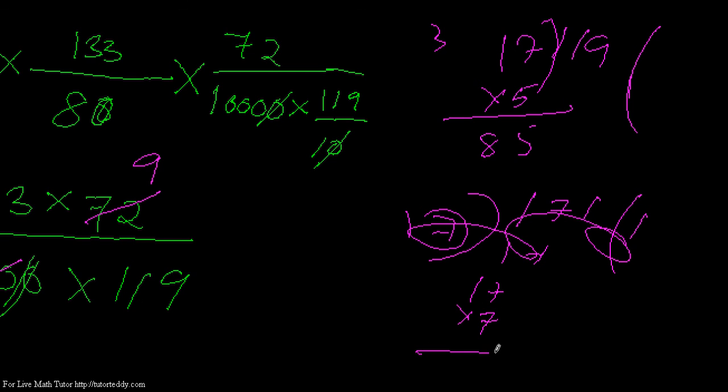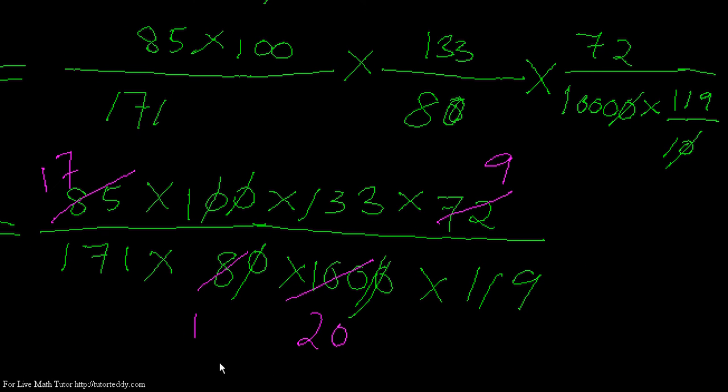I have 4 to carry. 7 ones are 7 plus 4. 8, 9, 10, 11. Yes, right. So 17 sevens are 119. So I can cancel 17 and 119, as 17 ones are 17 and 17 sevens are 119.